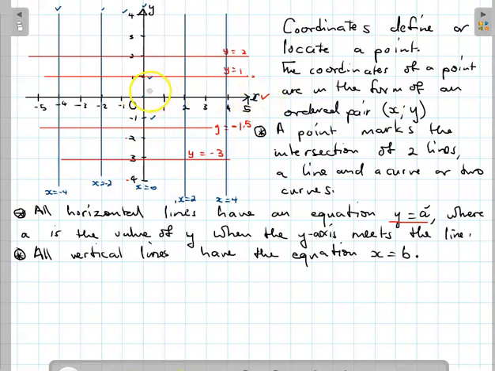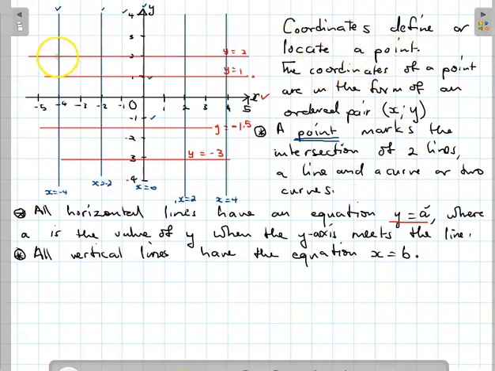So now something interesting just happened after I completed drawing the blue lines. You can see now that my blue lines meet my red lines. So my horizontal lines meet my vertical lines. And if you remember very well, I said a point marks the intersection of two lines, and the coordinates locate a point.